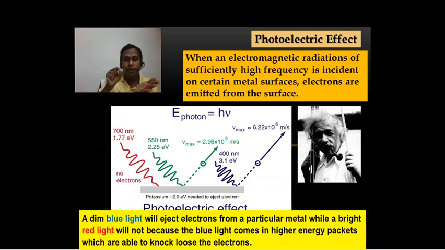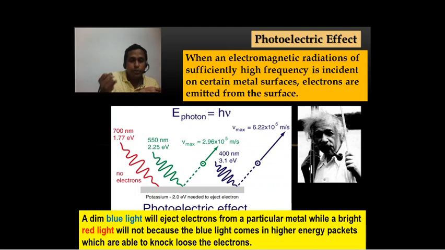Since the wavelength is known, we can calculate the energy of the incident radiation, the energy of the blue light, the green light and the red light, by using the formula E is equal to h nu.